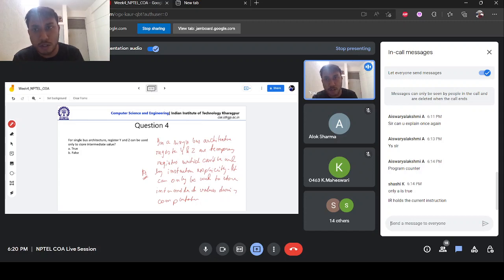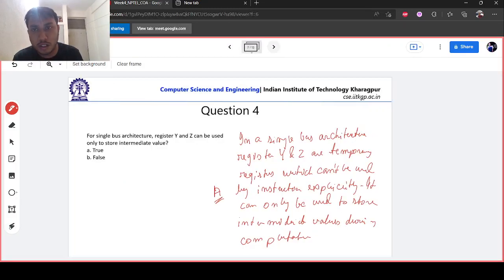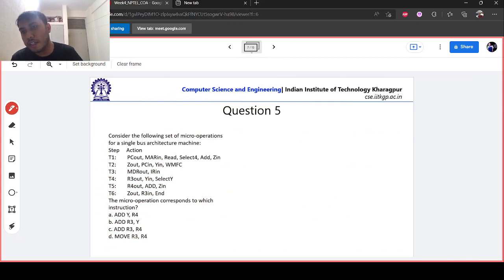Okay, I will go to the next question then. Consider the following set of microoperations for a single bus architecture machine. These are the timing signals you can see.